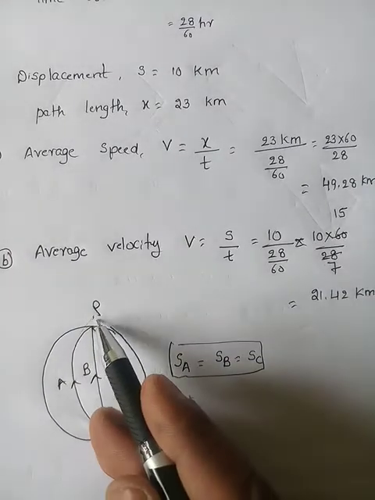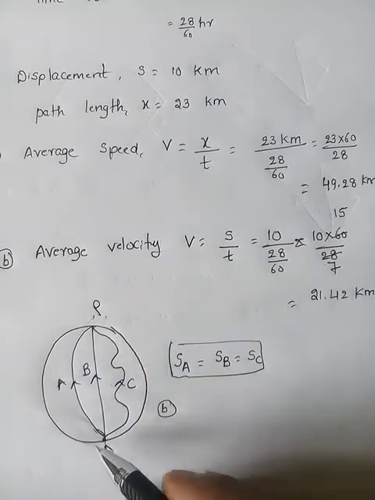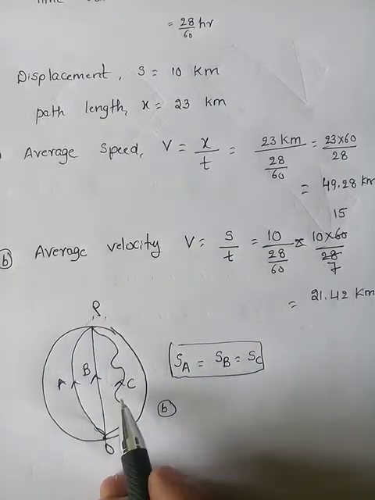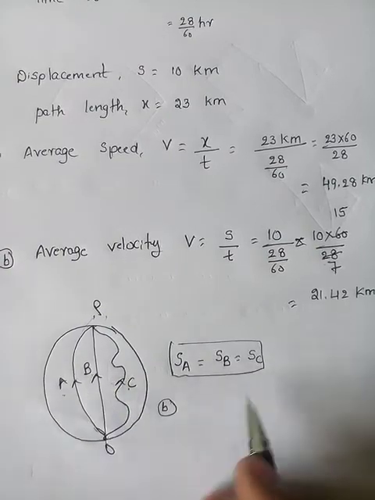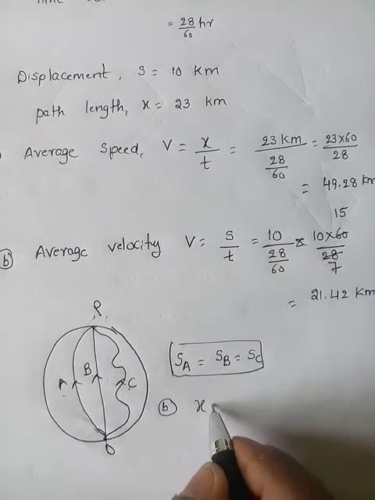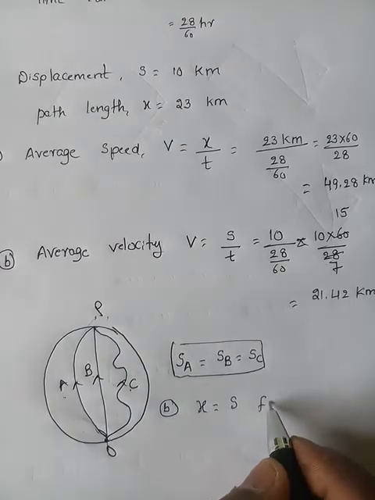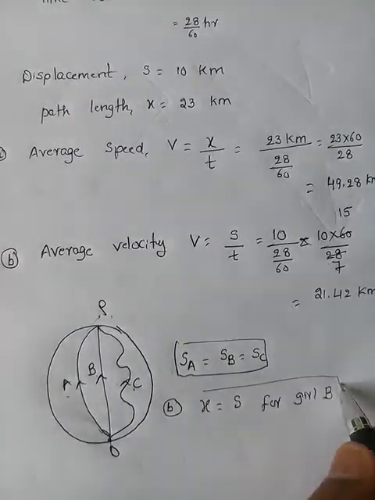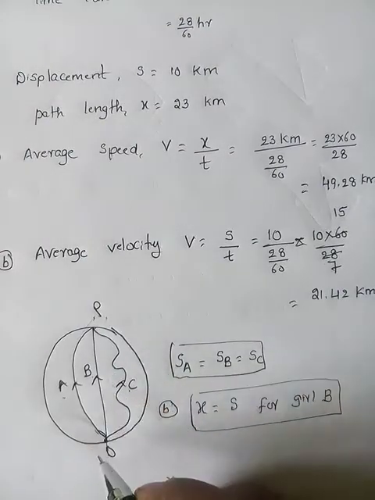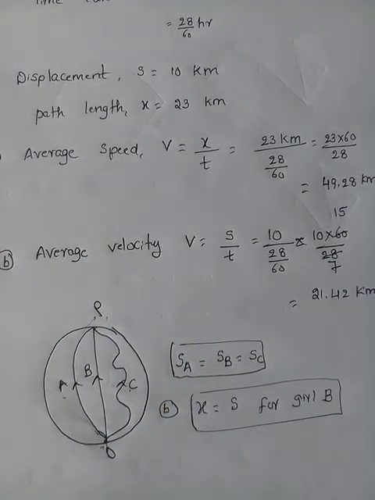So, A travelled some distance, B also travelled some distance, C also travelled. Who has travelled more distance? C. Then A, then B. So, distance is equal to displacement for girl B. Means for girl B, the distance and displacement are the same, which is not the same for A and C.